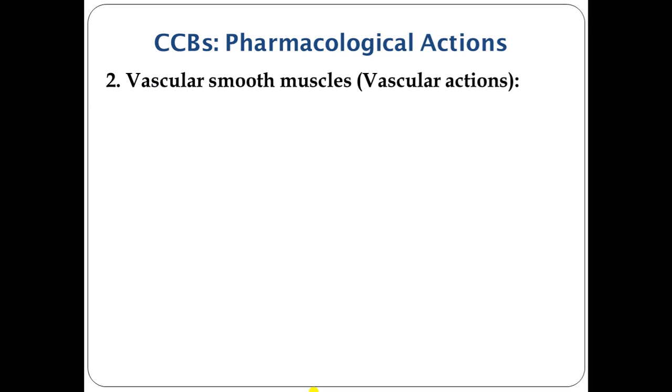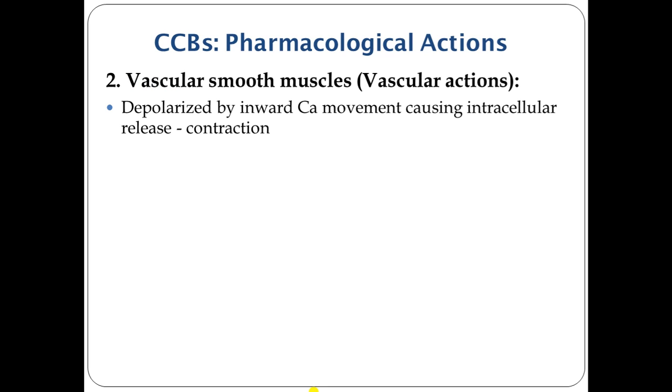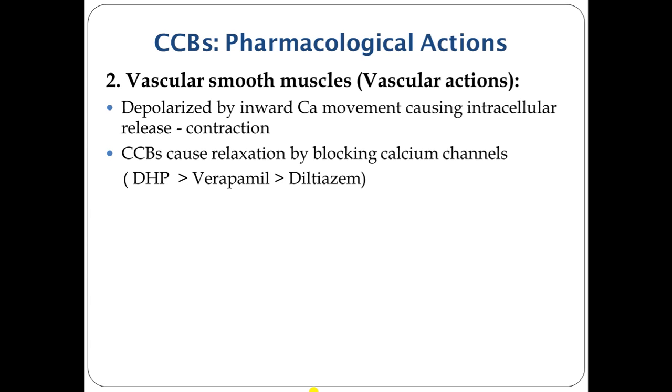Other pharmacological action is on vascular smooth muscles. They are called vascular actions also. Depolarized by inward calcium movement, causing intracellular release of the calcium, leads to contraction of the vascular smooth muscle. Whenever we give calcium channel blocker, they cause relaxation by blocking the calcium channels.